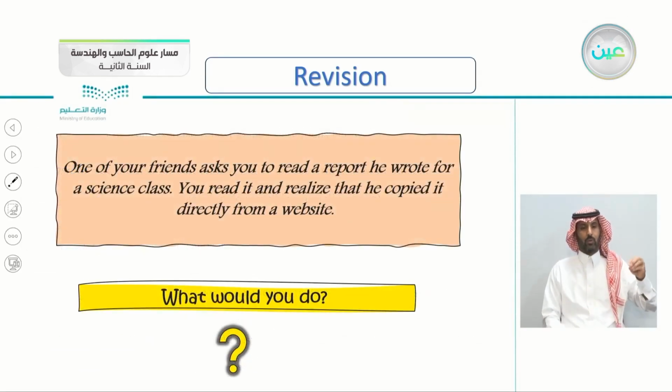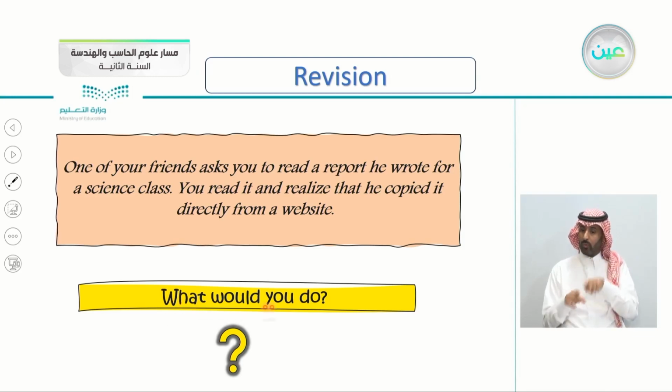And if you remember in our previous lesson, the listen and discuss, we asked some questions about the theme of the unit. What would you do? One of your friends asked you to read a report he wrote for a science class. You read it and realize that he copied it directly from a website, so he didn't write it. Now you know that your friend cheated.